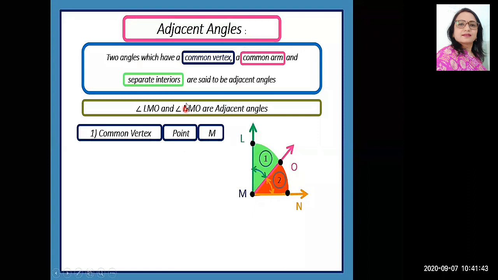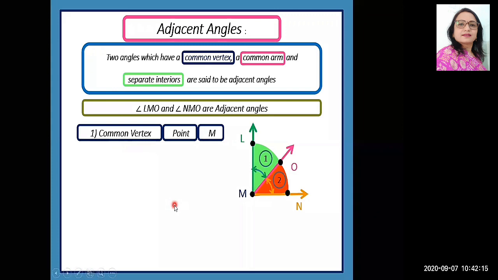The first condition is that two angles have a common vertex. Do angle LMO and angle NMO have a common vertex? Yes. Point M is the common vertex of these two angles.